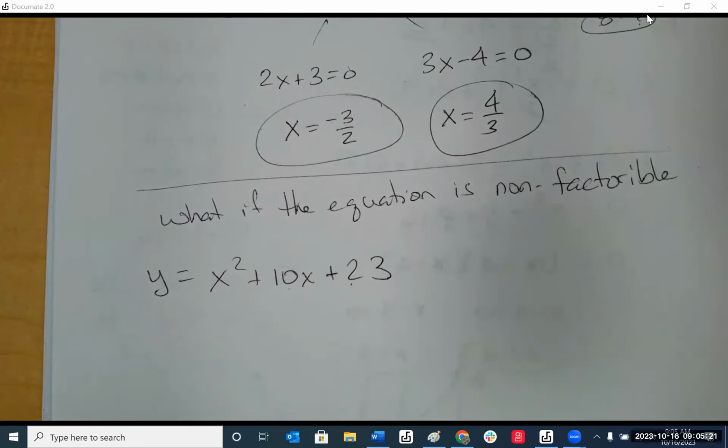If A does not equal 1, then divide each term by A. If it does equal 1, then let's move on. So A is 1, so we're good. We don't have to divide anything.